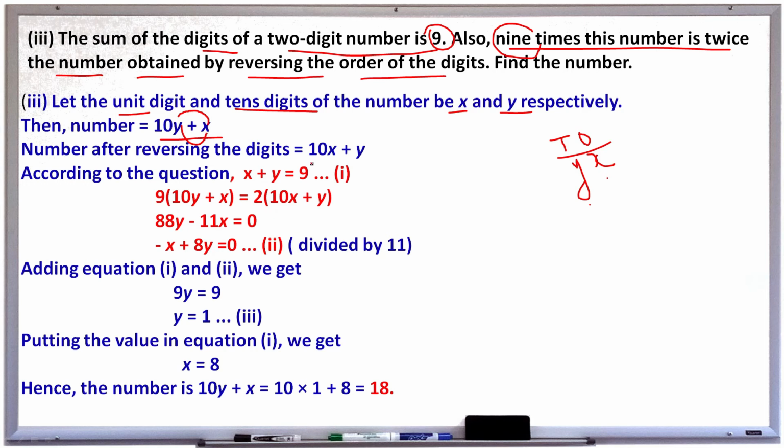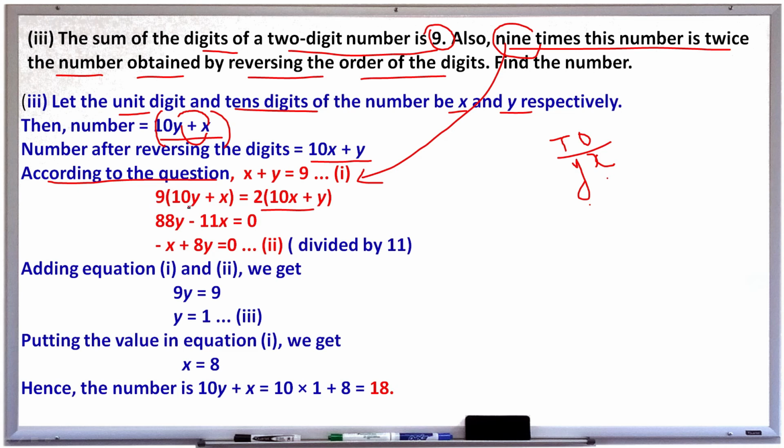So you will get, reversing the digit as per the question, 10x plus y. According to the question, they have given x plus y is equal to 9. It is given, and 9 times of the equation 10y plus x is equal to 2 times of 10x plus y.